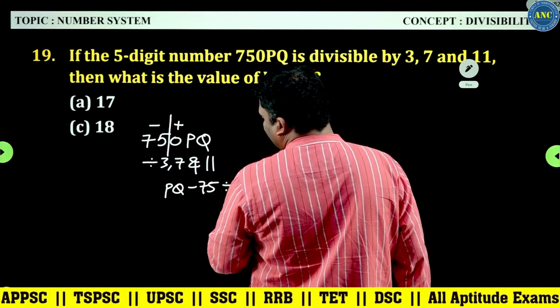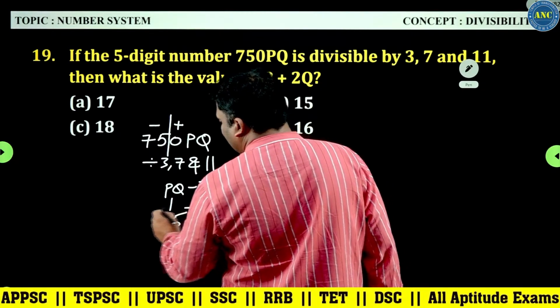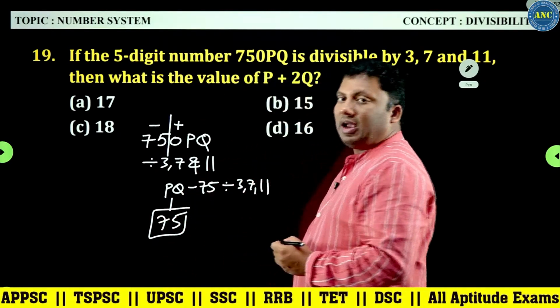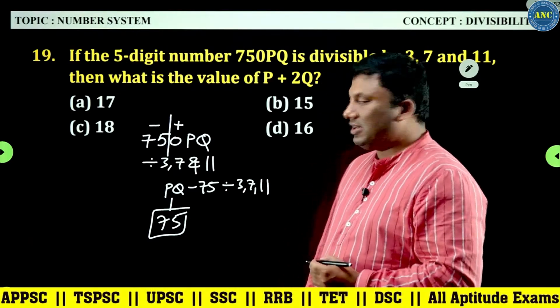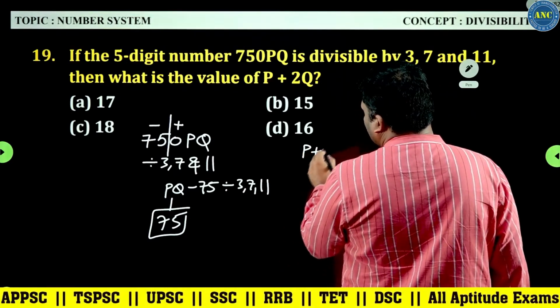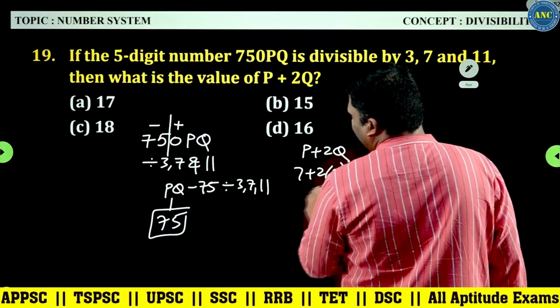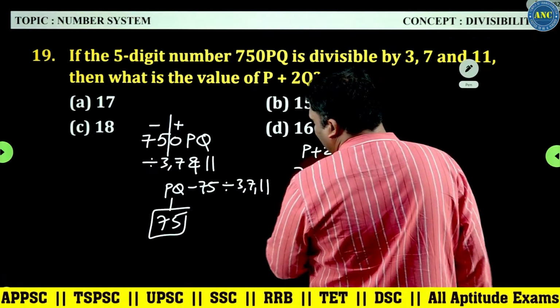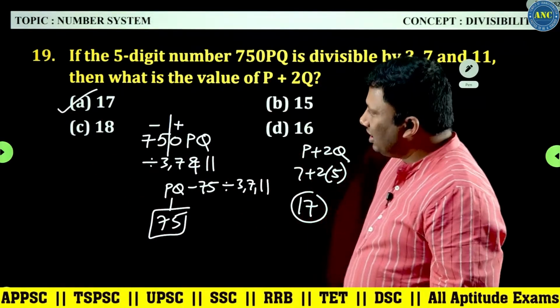It is divisible by 3, 7 and 11, so PQ has to be 75. 75 minus 75, then only it is divisible. What is the question? Question is P plus 2Q. So 7 plus 2 into 5, 10 plus 7. Answer for this question is 17.